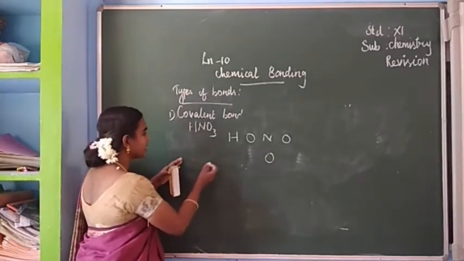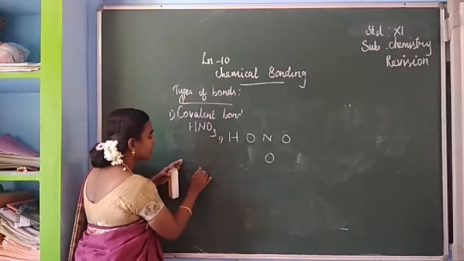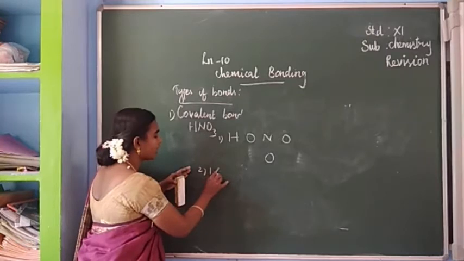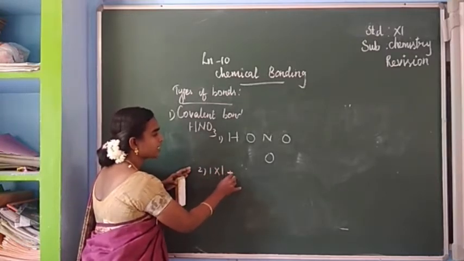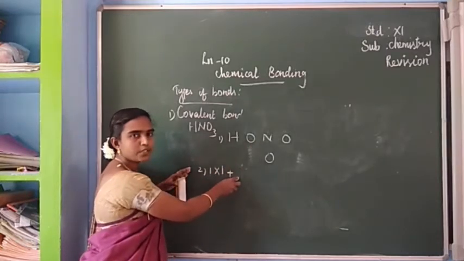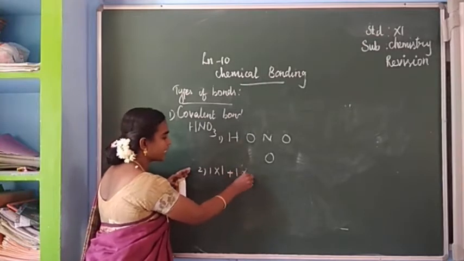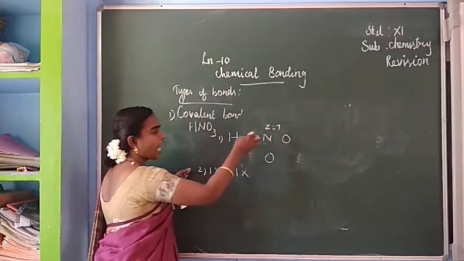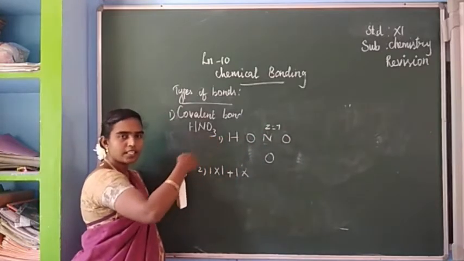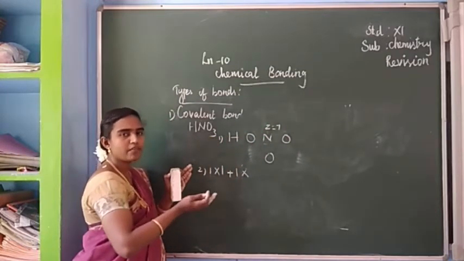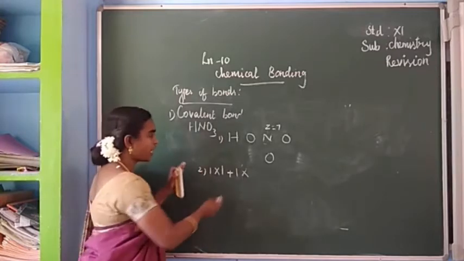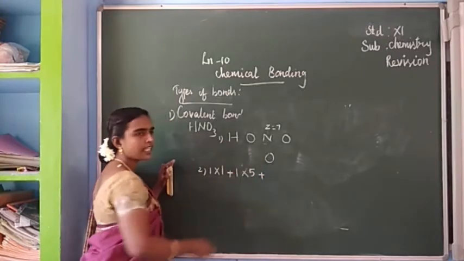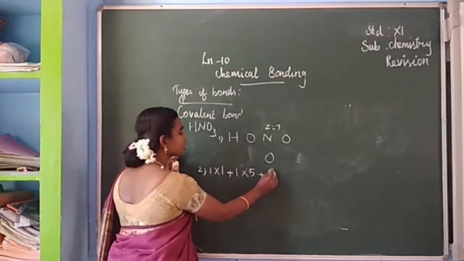So first, hydrogen. What's the number of valence electrons? That is 1, so 1 into 1, plus how many nitrogen atoms are there? 1 nitrogen atom. Its atomic number is 7. After leaving the electrons in the 1s orbital, the remaining 5 electrons are the valence electrons. So 1 into 5, plus how many oxygen atoms are there? 3 oxygen atoms.